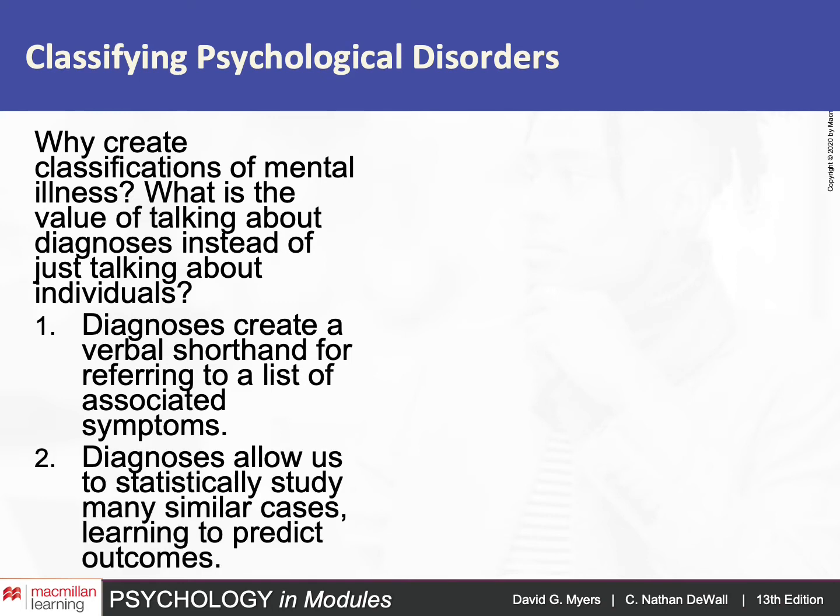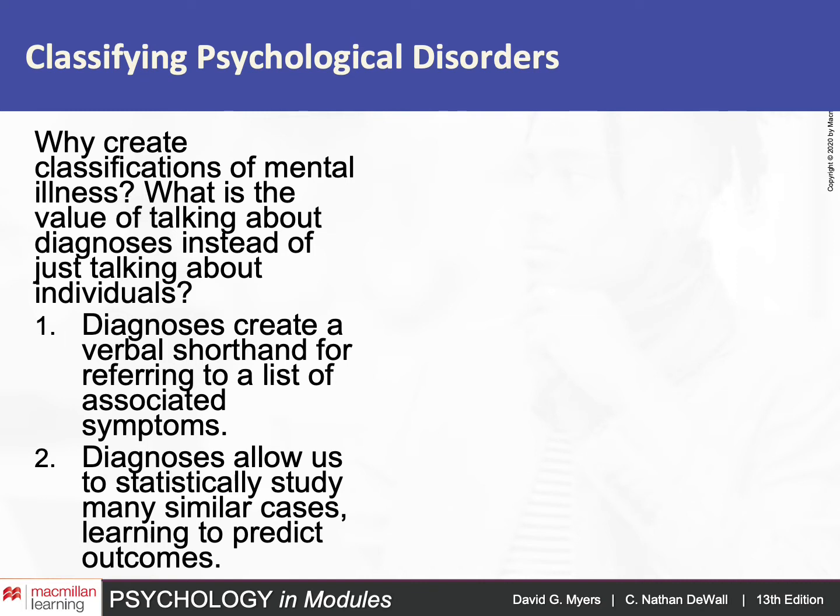And our diagnoses also stimulate research, right? So diagnoses allow us to statistically study many similar cases, which allow us to predict outcomes, right? So if we can study many different individuals or groups of individuals who all show these consistent patterns of symptoms, right?